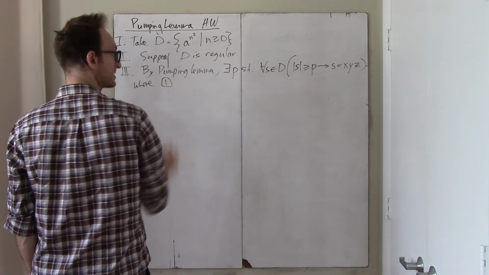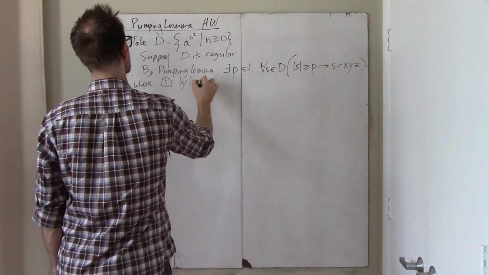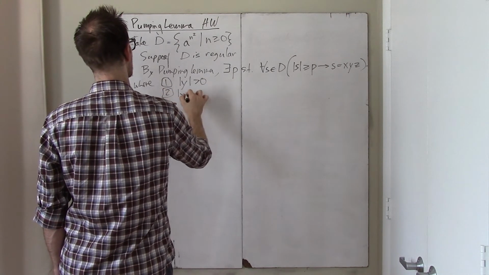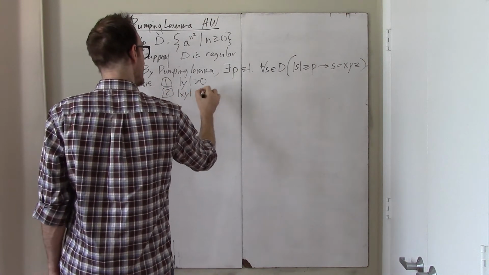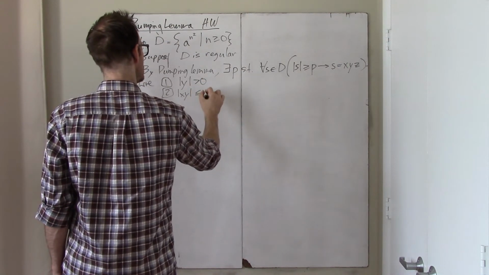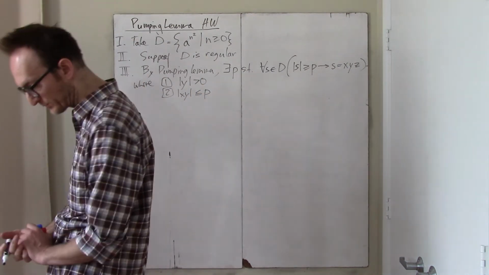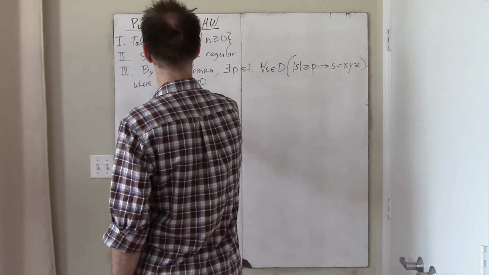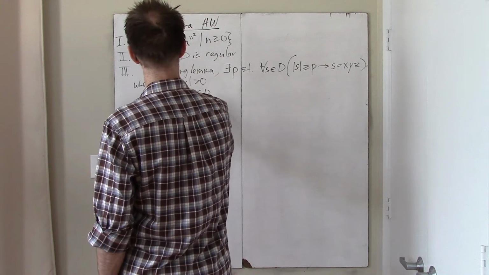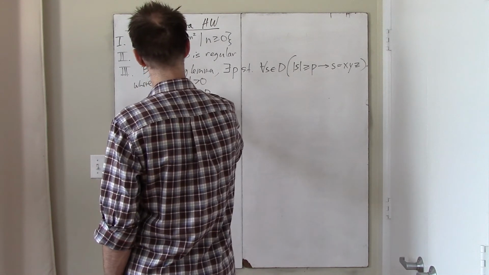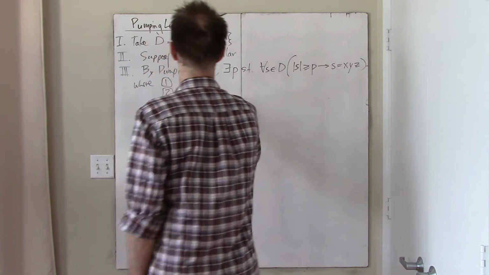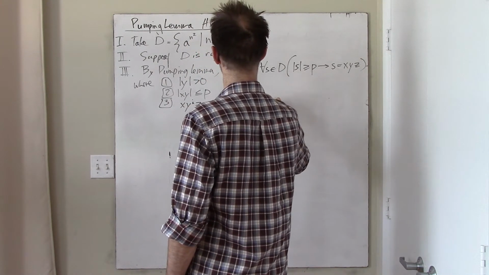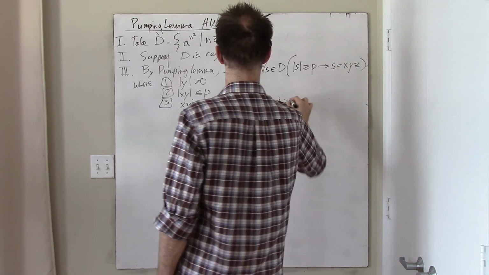is that 1, Y is nonempty, 2, the whole XY piece occurs before, or has length less than or equal to P, and also the important one, that X, Y^i, Z is a member of D for any i greater than or equal to 0.